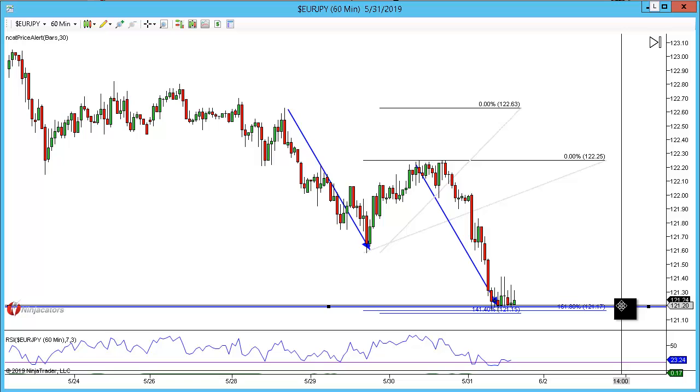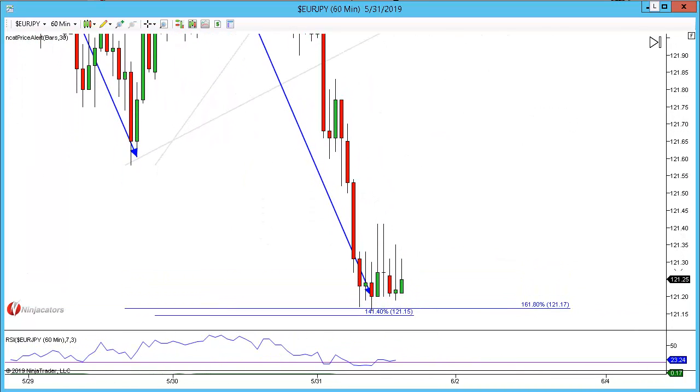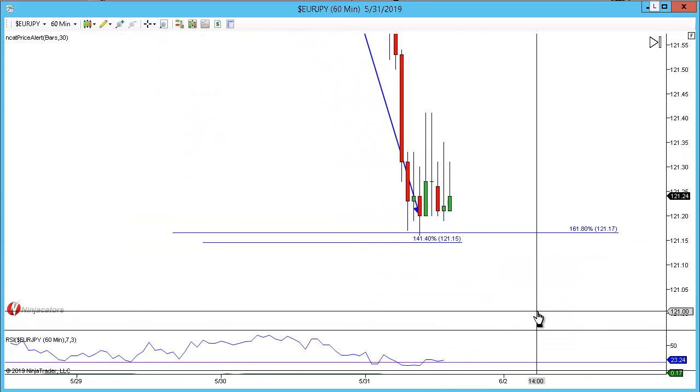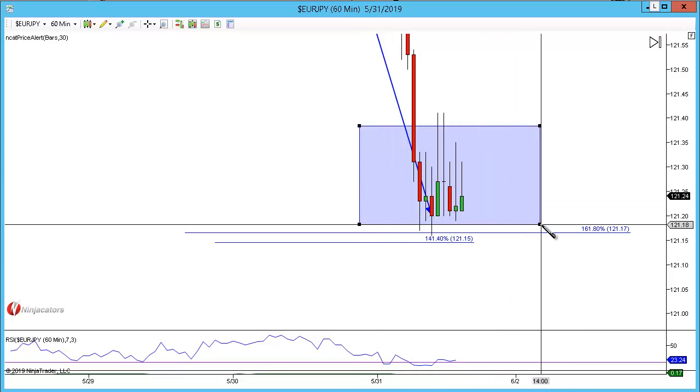So I'm going to remove that structure level, and you can see that we have now come into those zones, and what we're noticing now is that we're seeing the market stall. We're seeing indecision at this point.